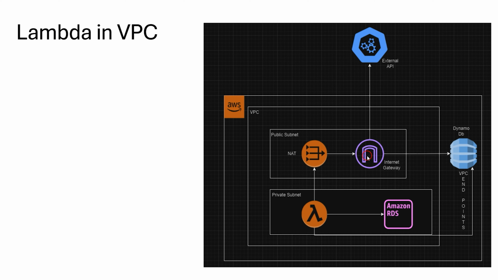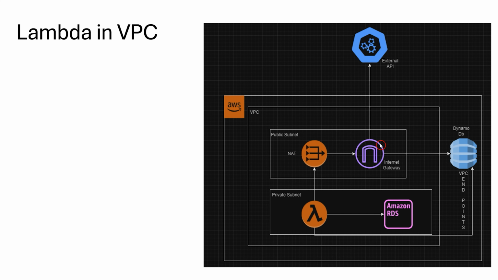Okay, and what if you want to access other AWS resources inside your AWS environment? For example, this DynamoDB. This DynamoDB is not residing inside your VPC, but it is residing in your AWS network. So in that case, you can still use your NAT gateway. You have your NAT gateway with an internet gateway.